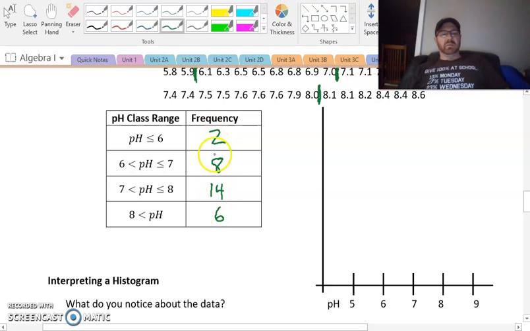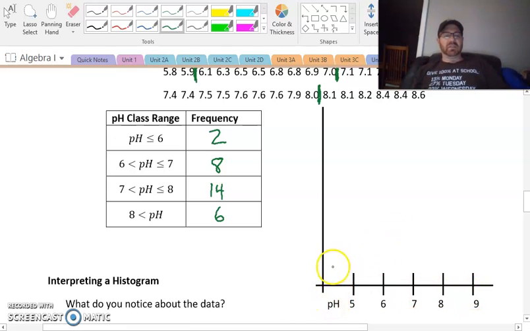Okay, so I look at this and I'm thinking about my scale. Along the bottom, we have our different pHs. And on the side, the y-axis, I left it blank intentionally here, the y-axis is always our frequency. We have to go up to 14.